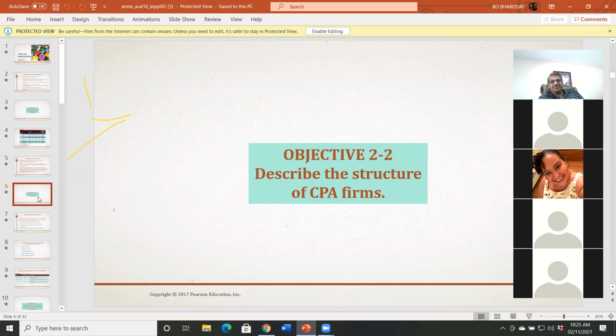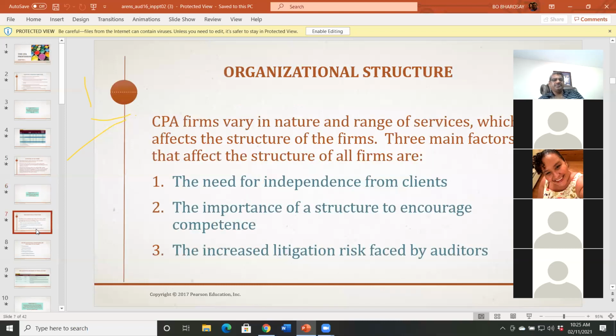And the majority of CPA firms converted to LLCs and LLPs. The structure of CPA firms is generally governed by the state where they operate.